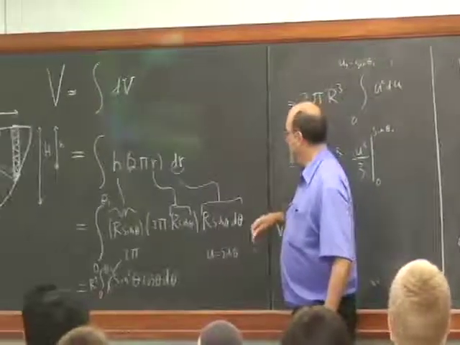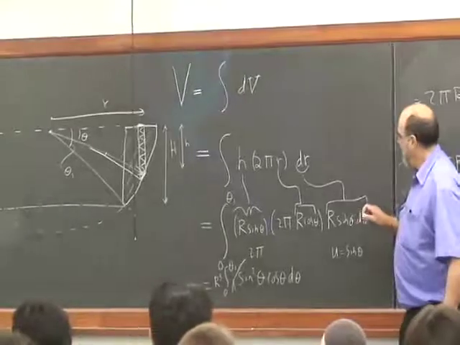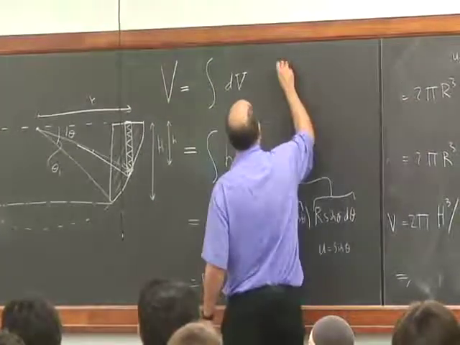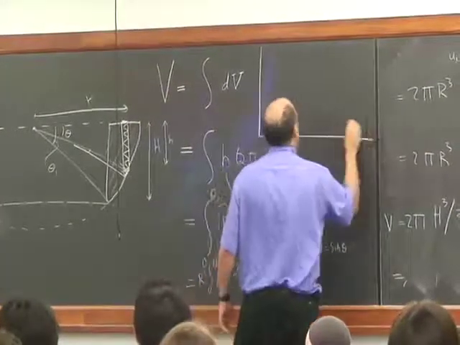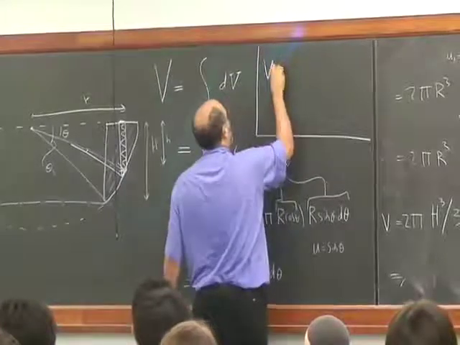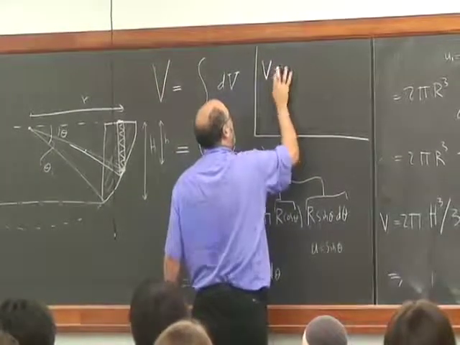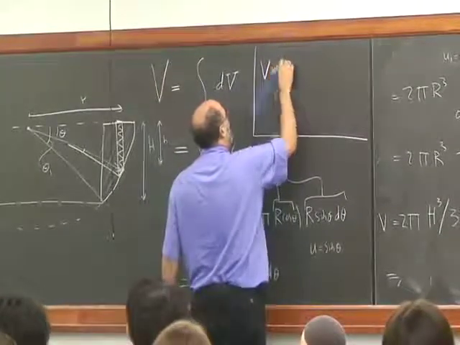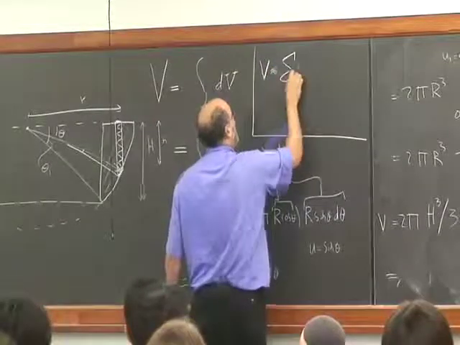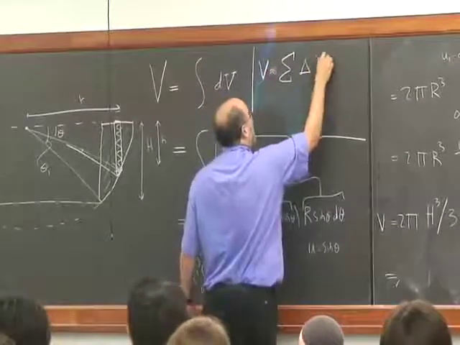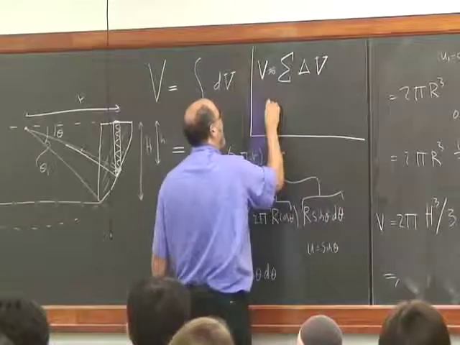Now, how do we do that? We take this thing and we say this volume of interest is not an integral. It's approximately equal to a sum of little volumes. And those were the volumes of the cylinders.